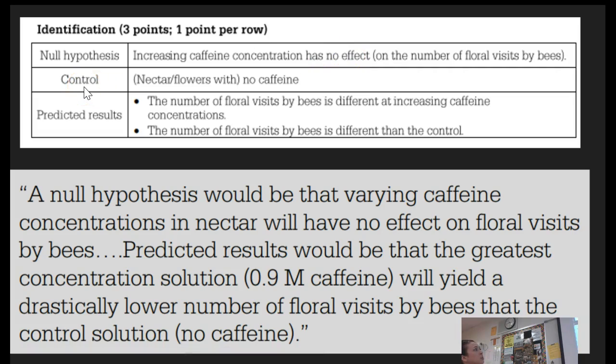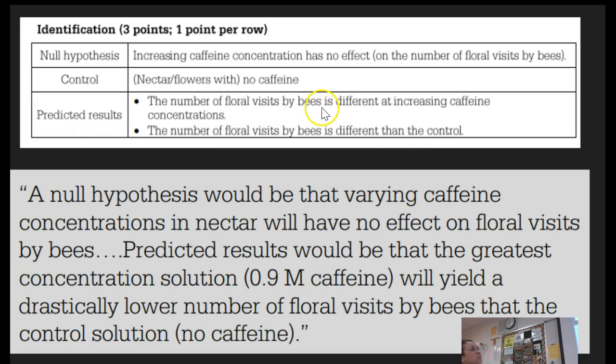When you design your experiment, you would need to have a control group, which means that you would have to have a group with flowers or nectar that did not have caffeine. How you design that might vary widely, but that's what they're looking for, is that you have a control group and that you discuss some of your predicted results.